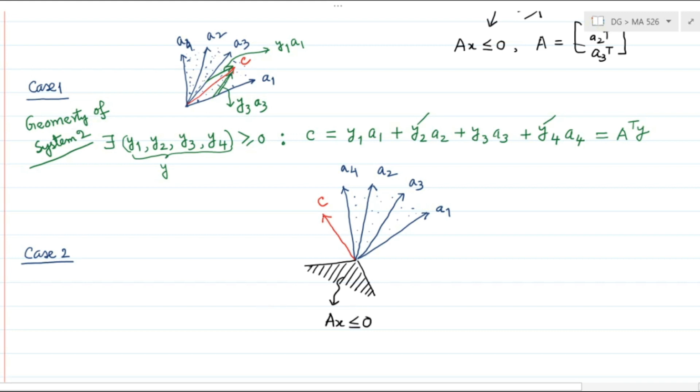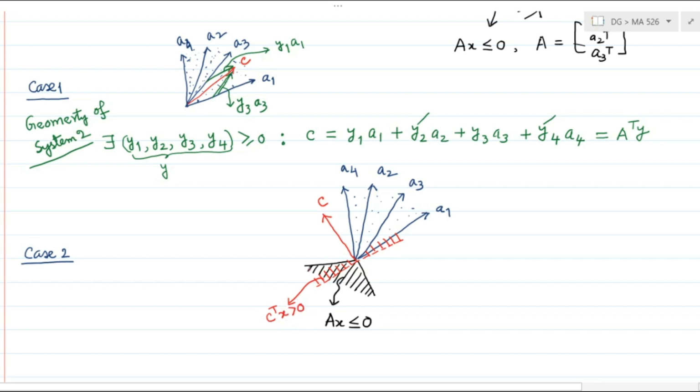And once your C is outside the cone, if we draw C transpose X equal to 0, it is this dotted red line that is perpendicular to C, and then C transpose X greater than 0 is obviously this red shaded region. Here we note that this red shaded region and the black shaded region give you a non-empty intersection, and therefore there exists at least one x.